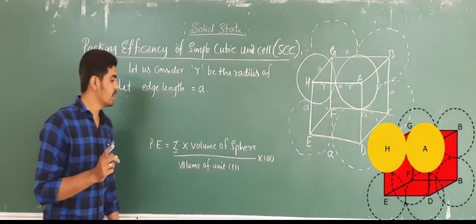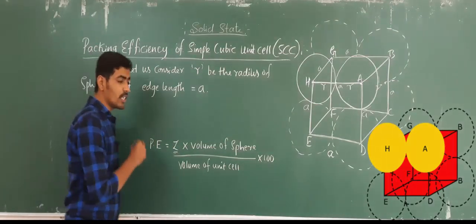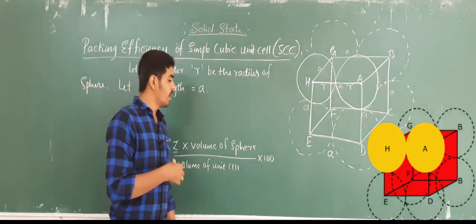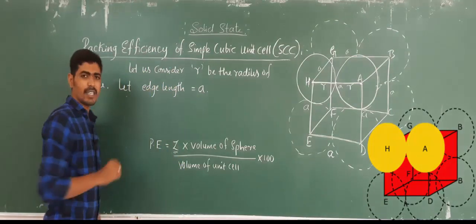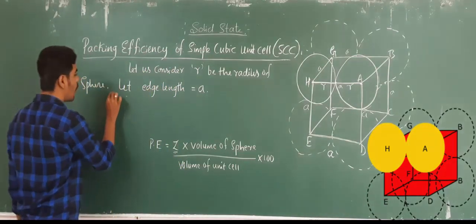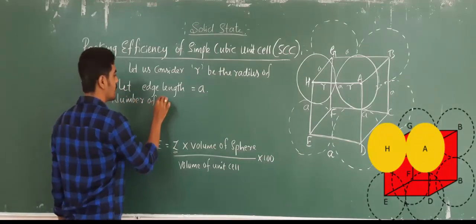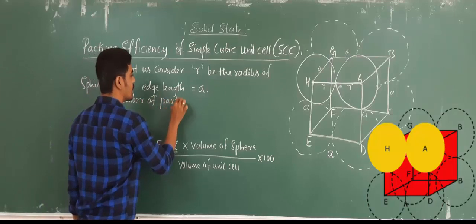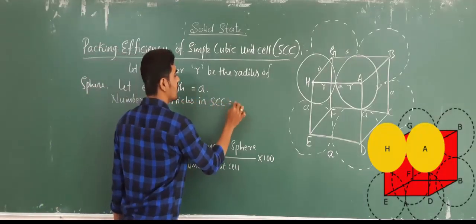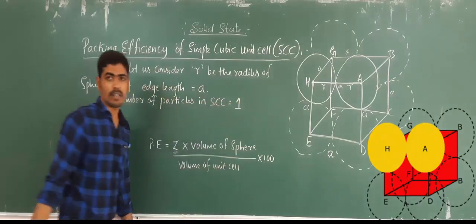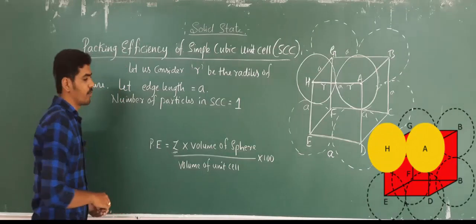So remember that. As you have already calculated, there is no need to calculate again the number of particles. Simply you can directly write the number of particles in SCC, particles in SCC is equal to how much? 1.